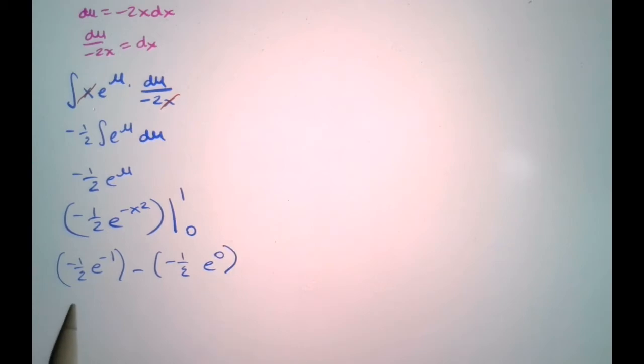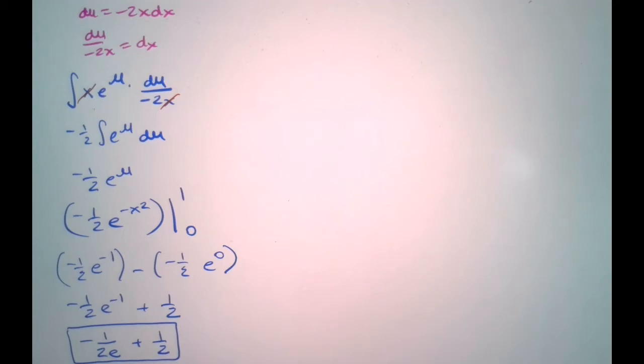And so here is my answer, which looks pretty good, but I'm going to switch that e to the negative 1 so there's no negative exponents. That would be 1 over 2e.